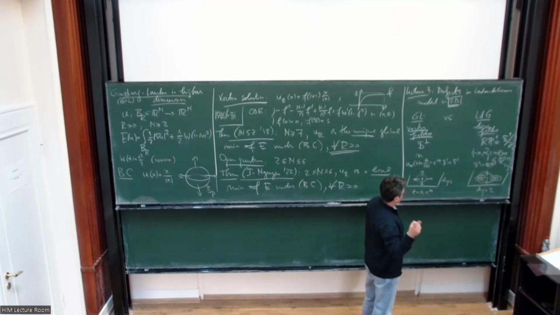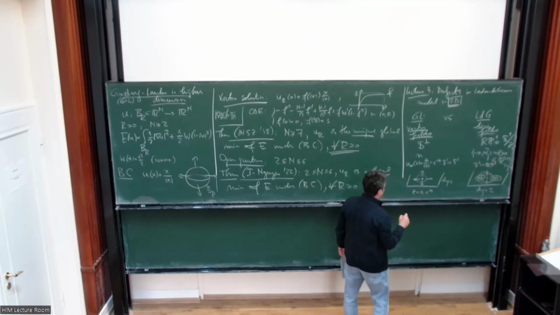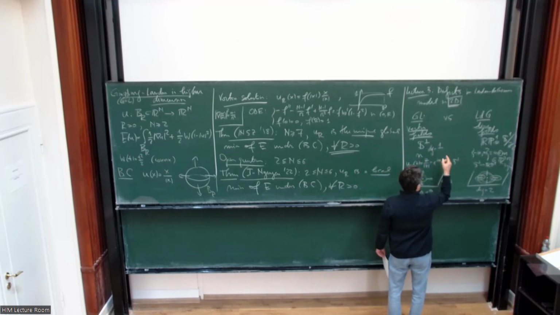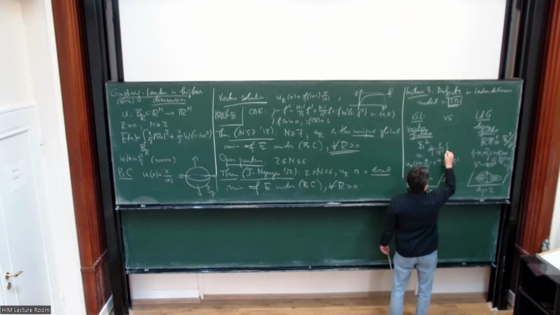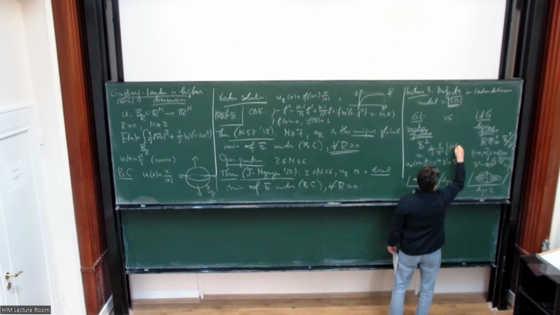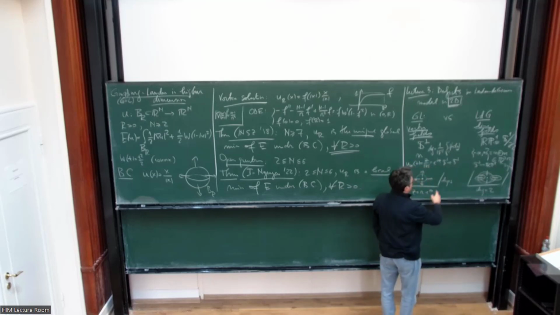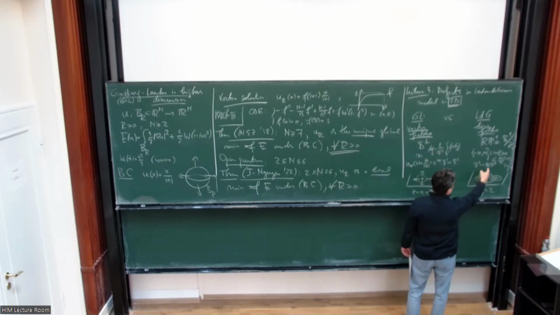Okay, so if you think of the formula I wrote to you, the degree was the volume of S1 times the Jacobian of u, right? But this is always the volume here.